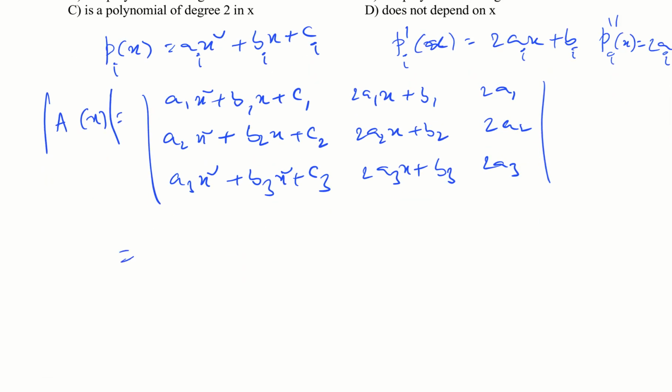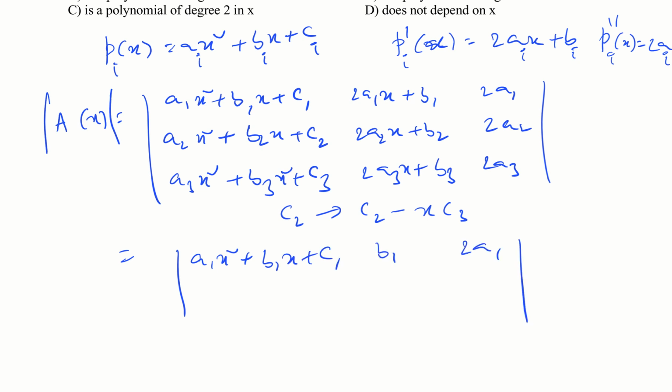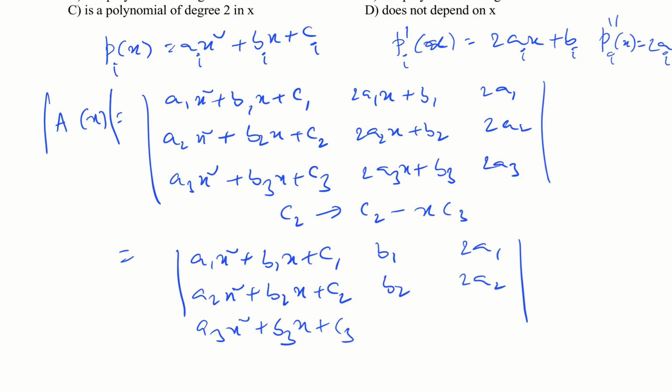Now you can see that if I replace C2 by C2 minus x times C3, I'll have the determinant a1x square plus b1x plus c1, b1, 2a1, a2x square plus b2x plus c2, b2, 2a2, a3x square plus b3x plus c3, b3, and here I'll have 2a3.